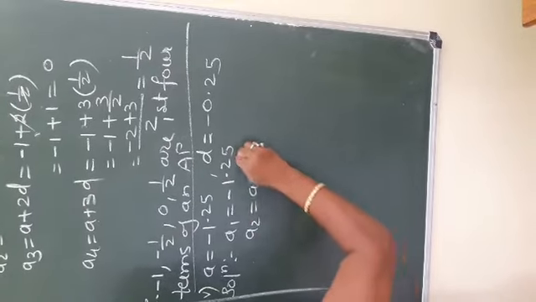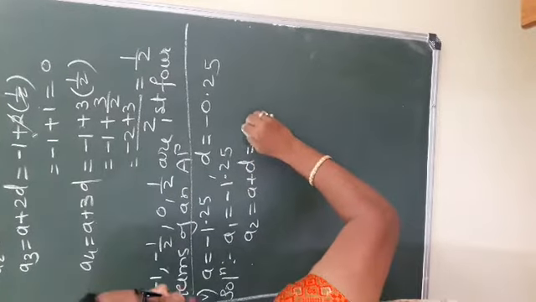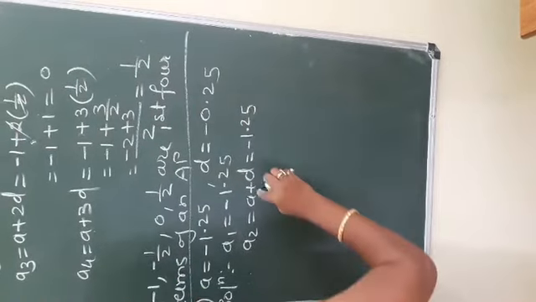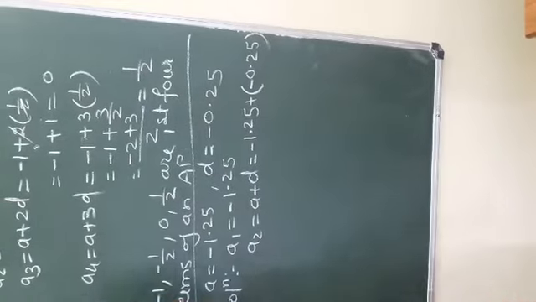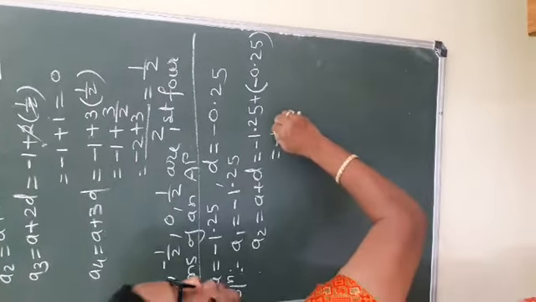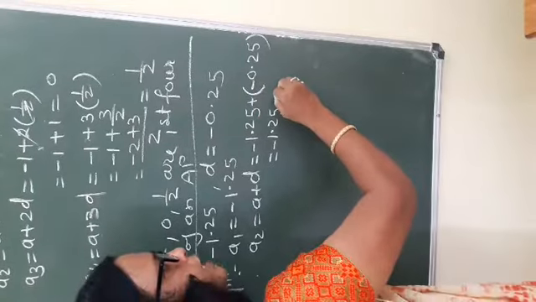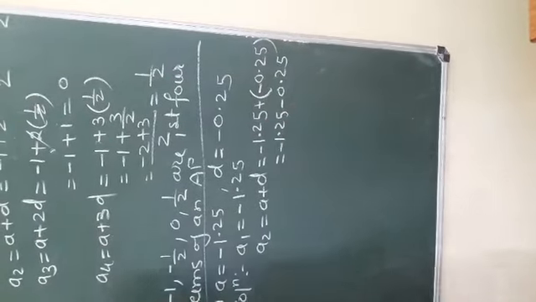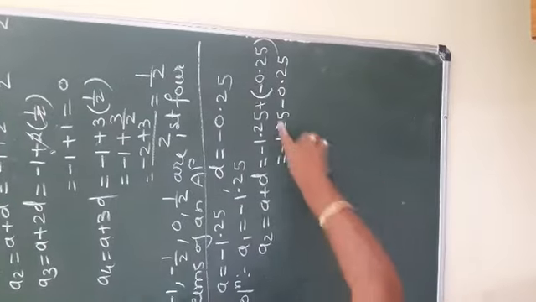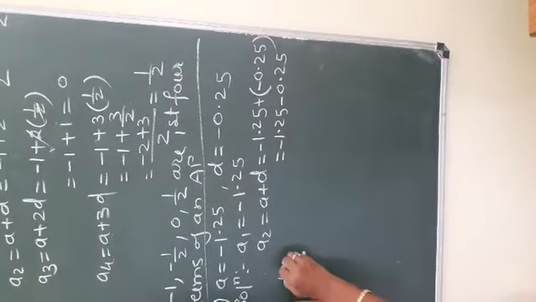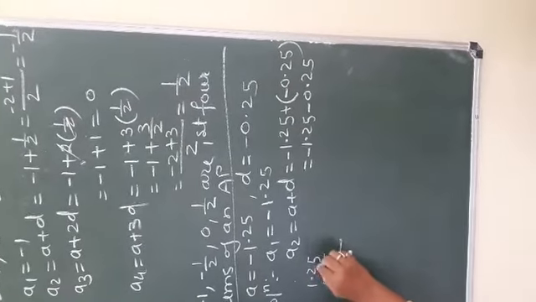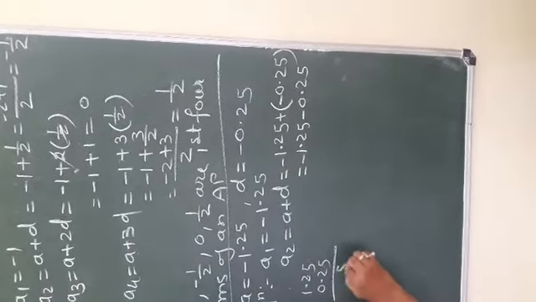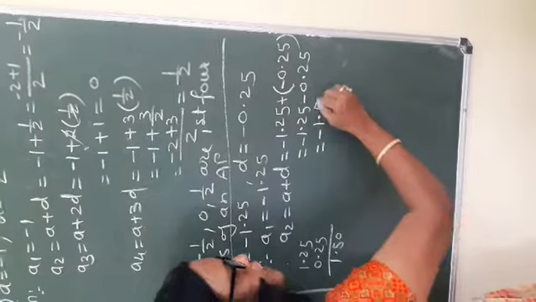A2 is A plus D. What is A? -1.25, and this is plus, and -0.25 is the common difference. So -1.25 plus into minus is minus 0.25. Can you tell me -1.25 minus 0.25? Everyone knows addition. 25 plus 25 is 50, and both are minus, that's why -1.50.